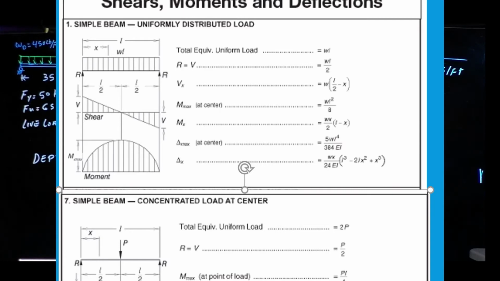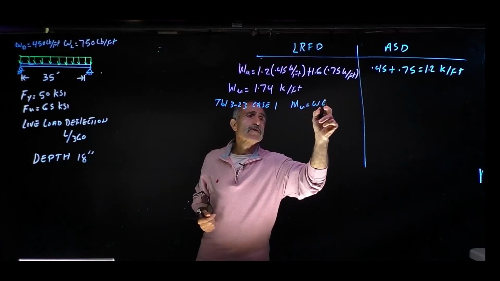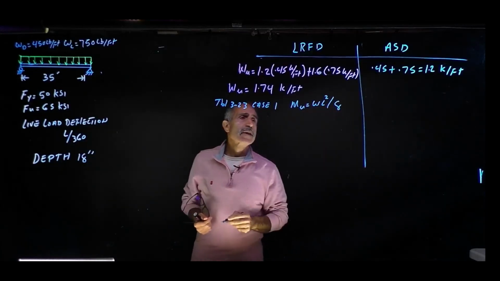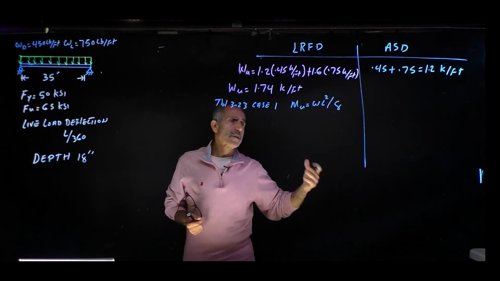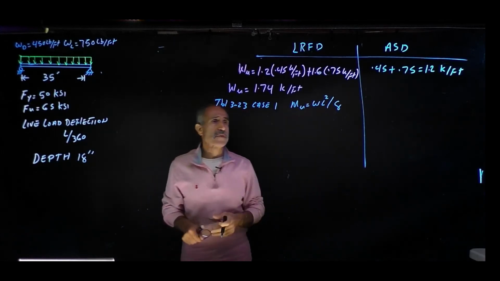So from table 3-23, case 1 actually, we have Mu equal to WL squared divided by 8, and the reaction is WL divided by 2, and then the deflection. We need all those three for now.